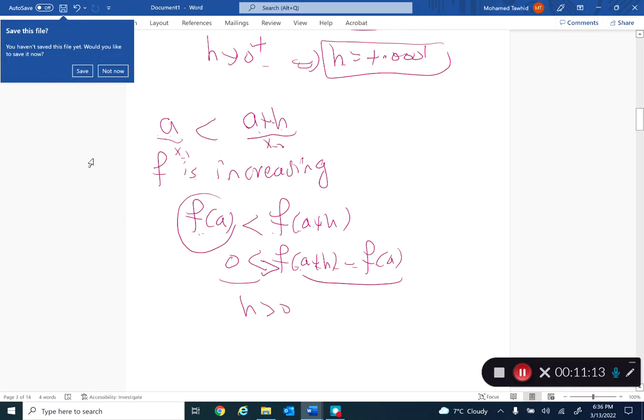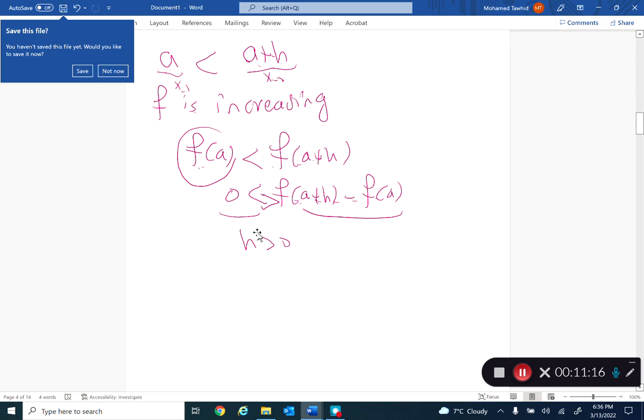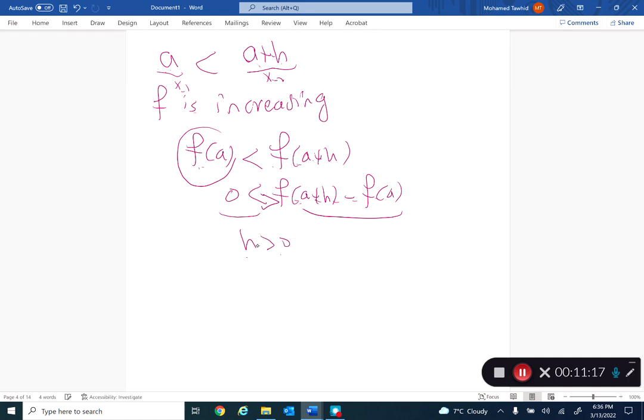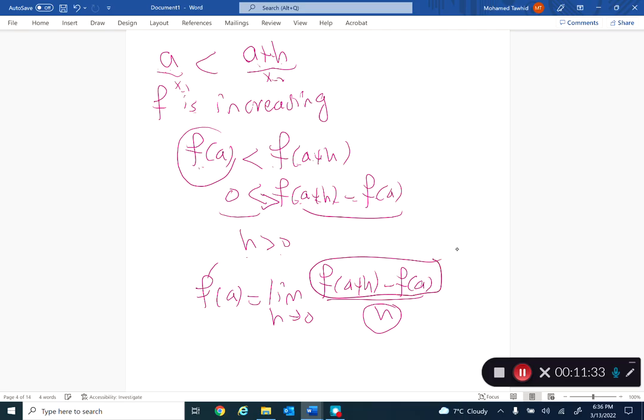So your derivative here, f prime of a, equals the limit as h goes to 0 of f of a plus h minus f of a, over h. I know h is positive. I know this term is also positive.